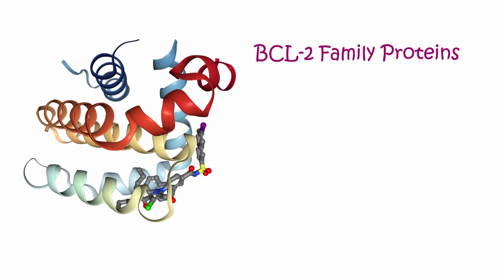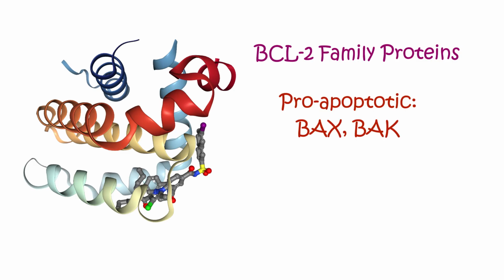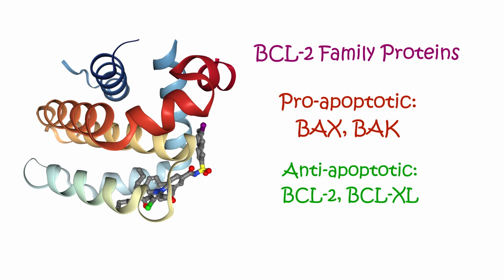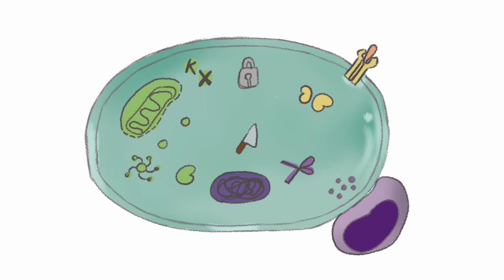Caspases in turn are controlled by a family of proteins called the BCL family of proteins, and these proteins are divided into pro-apoptotic, which includes BAK and BAX proteins that promote apoptosis, and anti-apoptotic, which include BCL2 and BCL-XL, which are against apoptosis. And I've made this simplified diagram to show all of these pathways.